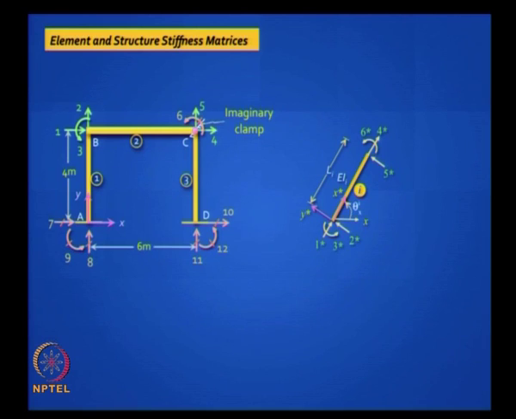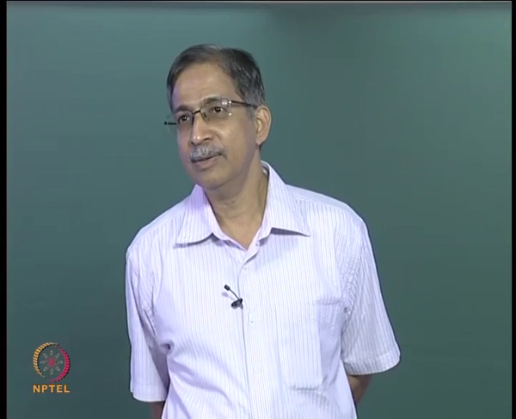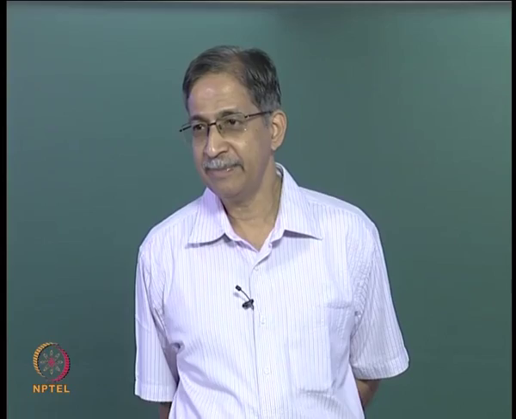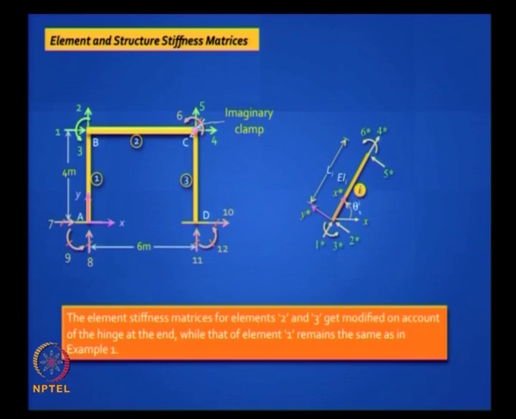Then we need to generate the element and structure stiffness matrices. What changes do we need to do now? For element 1, any change? No. So you are right, we need to bring changes only for elements 2 and 3. Can you write down the stiffness matrices for elements 2 and 3?